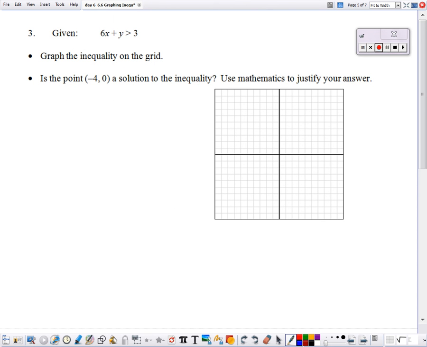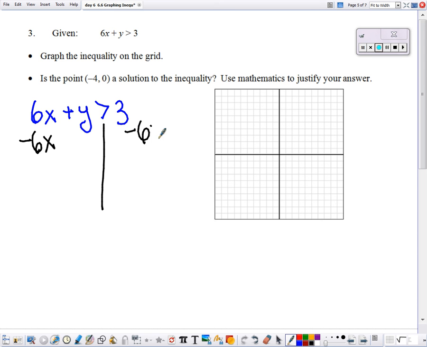Okay, we're going to do this one together. To graph this, I have to get the y by itself. So I'm going to rewrite my equation. I need to leave the y, so to move this to the other side, I'm going to subtract. Bring this down.